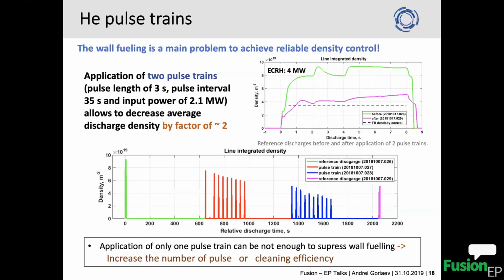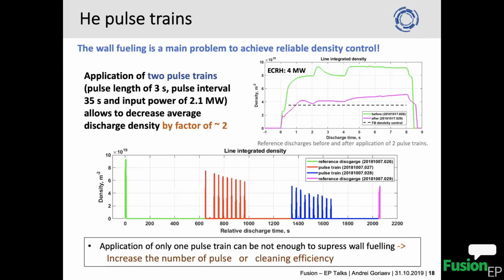And you can see the density evolution on the picture below. First the reference discharge, which is green. We have really high density, which is 2.5 times higher than we expected. Then we applied 2 pulse trains here, and you can see how density goes down from pulse to pulse, meaning that we are cleaning the wall from fuel.